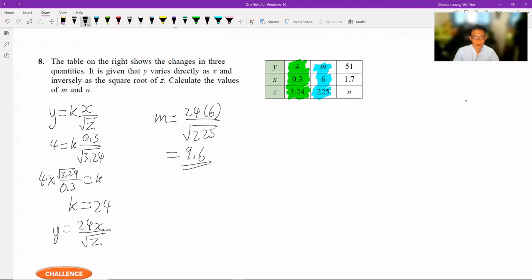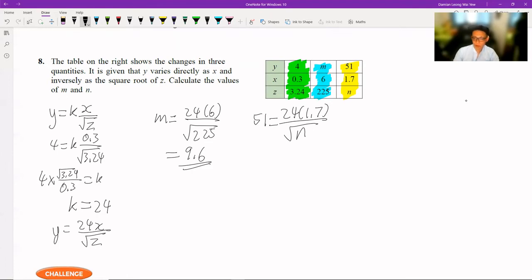Then to find n, substitute these 3 values down. Okay, so y is 51 equals 24 times x, x is 1.7, over square root of z, which is n. So I need to find n. I don't want it at the bottom of the fraction, so bring it up.